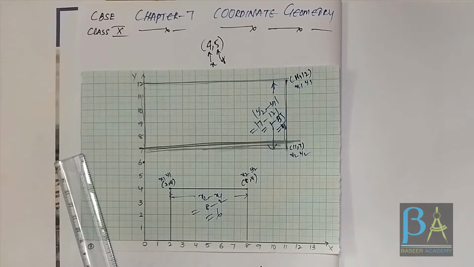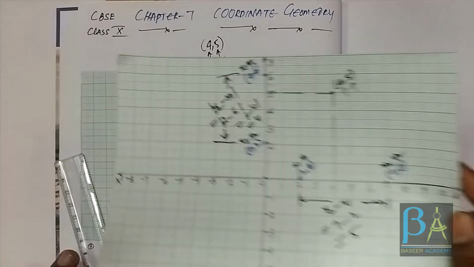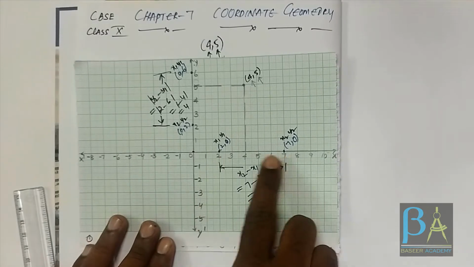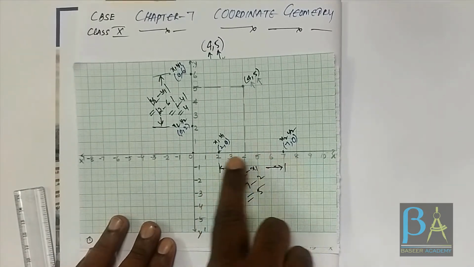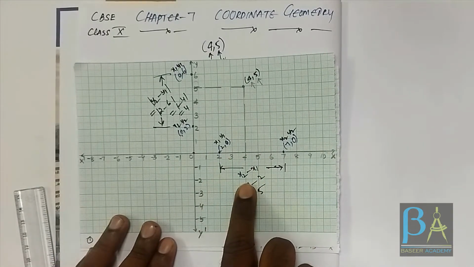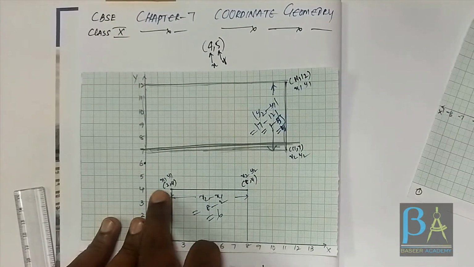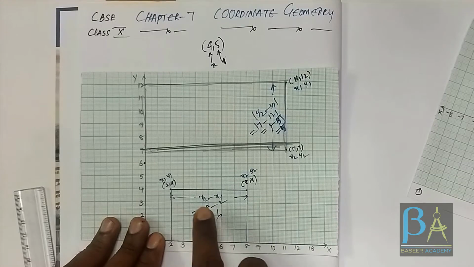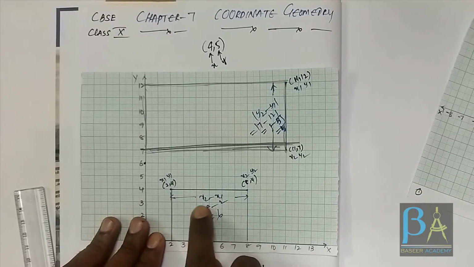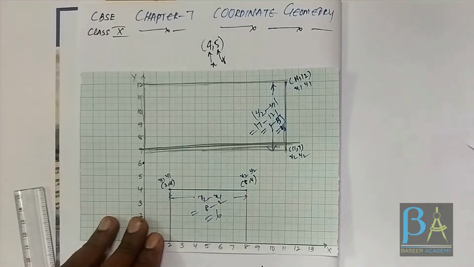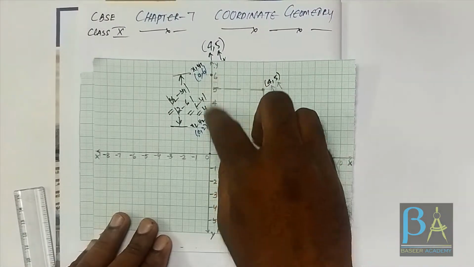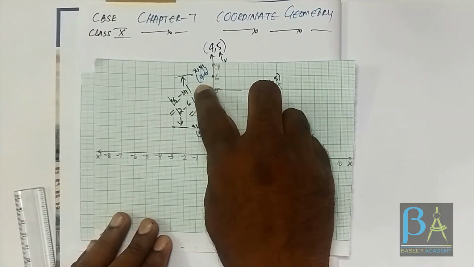We learned that if I have 2 points on the x-axis, then the distance between 2 such points would be x2 minus x1. And if the line segment joining the 2 points is parallel to the x-axis, then also the distance is x2 minus x1. If I have 2 points lying on the y-axis, then the distance between the 2 points is y2 minus y1.